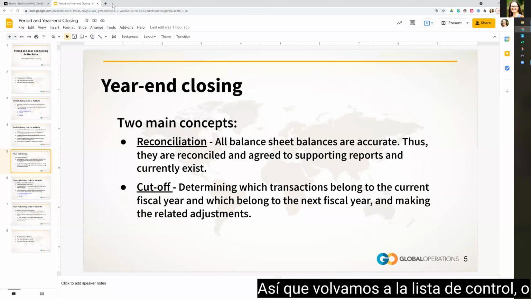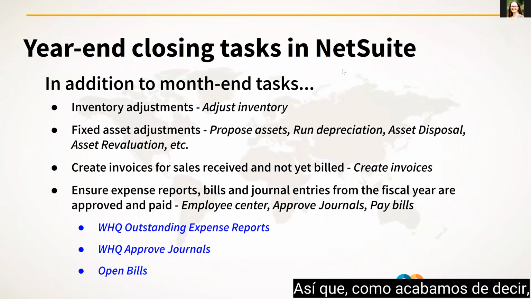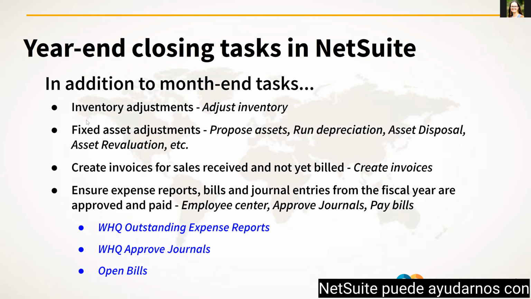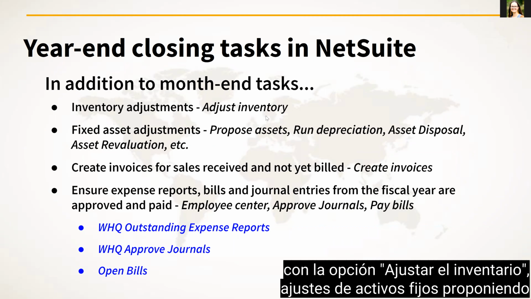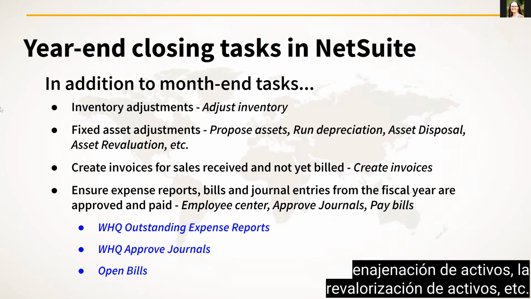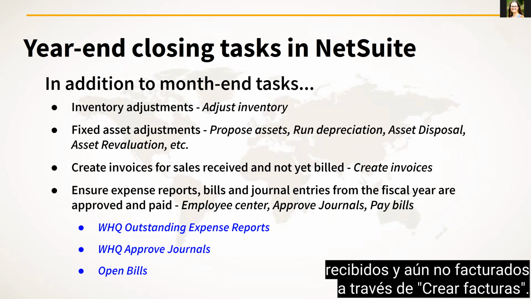So let's go back to the checklist or the presentation. So as we just said, NetSuite can help us by doing inventory adjustments with the adjust inventory option, fixed asset adjustments by proposing assets, running depreciation, asset disposal, asset revaluation, etc. You should create invoices for sales received and not yet billed through create invoices.